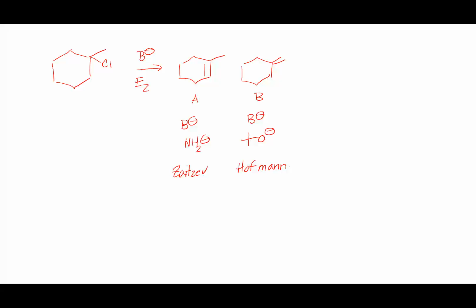People call this the Hofmann product because it's the less stable product, but I stay away from that because in order for us to understand what the Hofmann product really is, we have to get to now. The Hofmann product is when you eliminate and form the least stable product. And so that's what we're going to talk about now, Hofmann elimination.